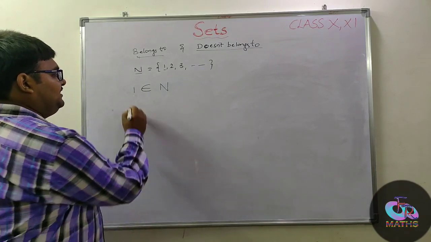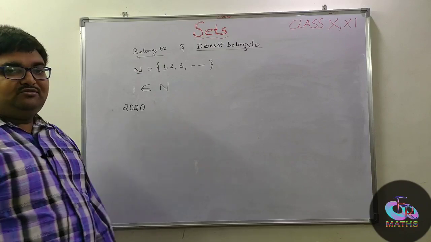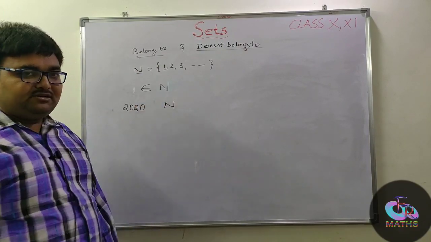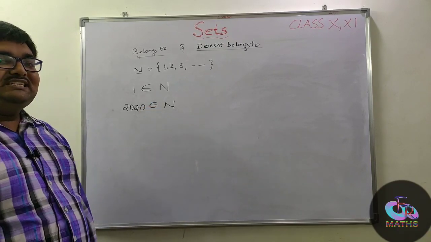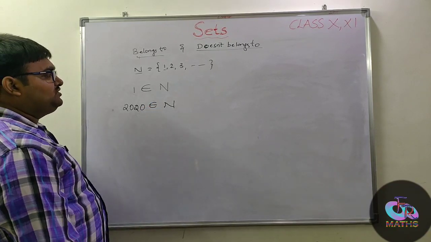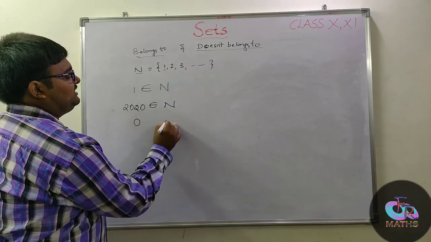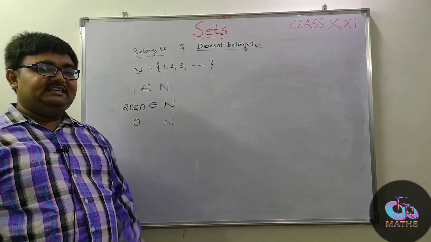The same way, suppose I take this year 2020, does it belong to the natural number set or not? So it belongs to the natural number set. So this is nothing but the representation of belongs to. Now suppose I ask what is the relation between the element 0 and the set N?